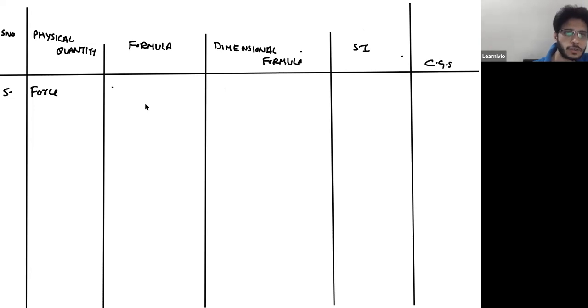No idea. So the formula of force is mass multiplied by acceleration. Okay, Fatima, just try the dimensional formula of this force.